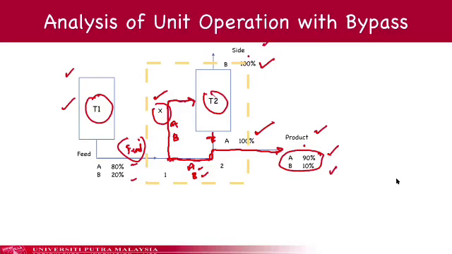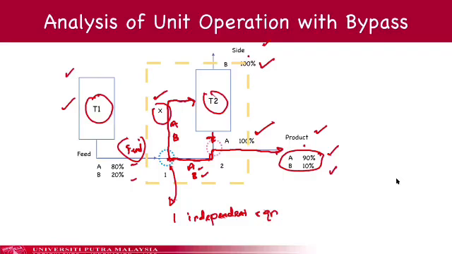The next boundary, where there are changes in the properties of the stream, is at our splitting point. But remember, at our splitting point, we have only one independent equation. We cannot have two independent equations because they are the same between X and the stream that is meeting at the mixing point.